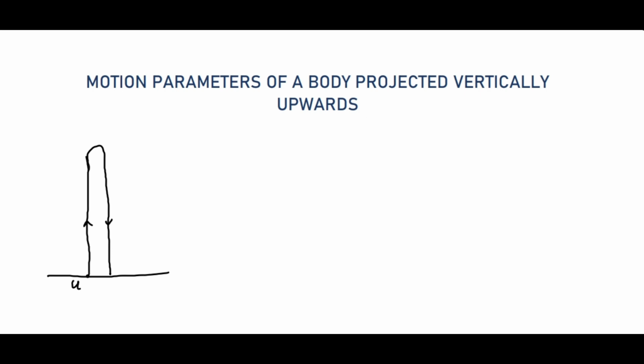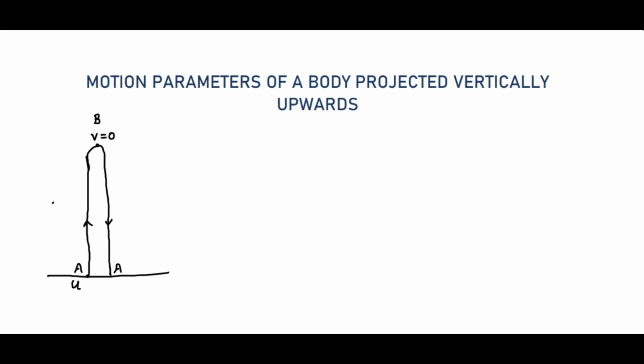Its velocity goes on decreasing and its magnitude will become 0 at the topmost point. And it will change its direction and increase towards the ground. I am naming it: point A is the point of projection, and the maximum height point is, say, B, and again it is coming back to the point A itself.